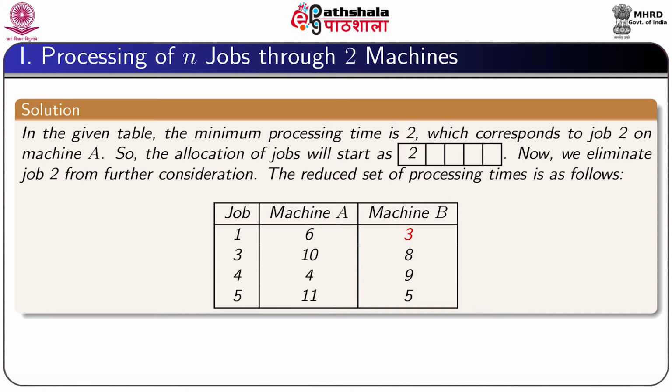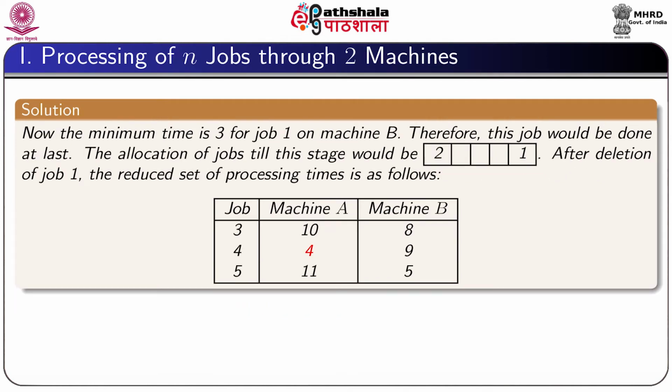Now, following Johnson's algorithm, we have to again look for the minimum processing time. This table shows that the minimum processing time is 3 hours, which corresponds to job 1 on machine B. Therefore, job 1 should be placed at the end of the sequence.